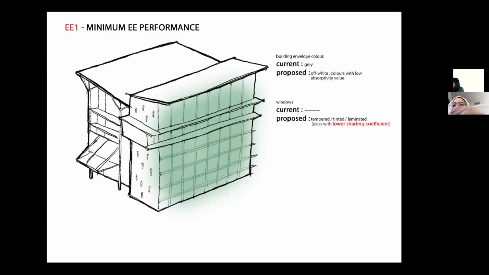For the window, I'm not sure about the current one, but for the proposal, I think we can use tempered tinted or laminated glass with a lower shading coefficient, so that less energy enters. For the existing one, you just check the BQ, right? From the naked eye, it looks like just normal clear float glass with a coating, green color. Yeah, there's a green kind of coating on it.